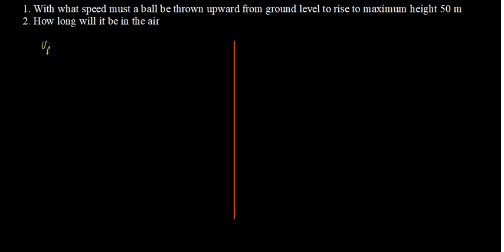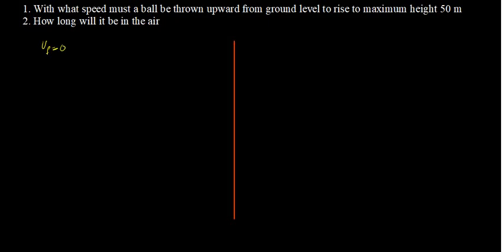This example is asking: with what speed must a ball be thrown upward from ground level to rise to a maximum height of 50 meters? And the second part of the question: how long will it be in the air? As a start, I know that at the maximum height, the final velocity will be 0.